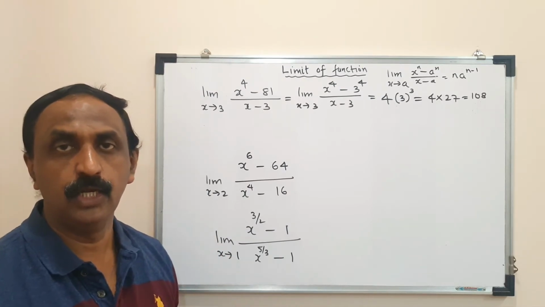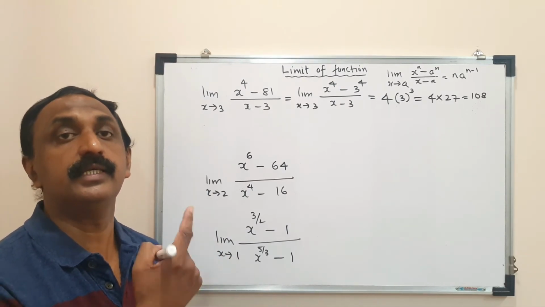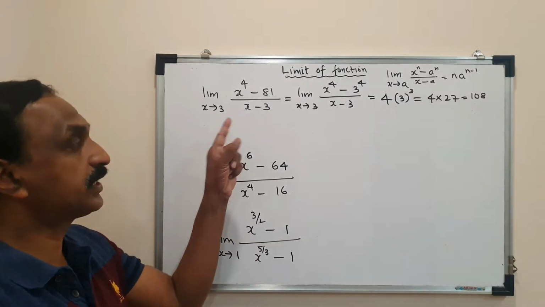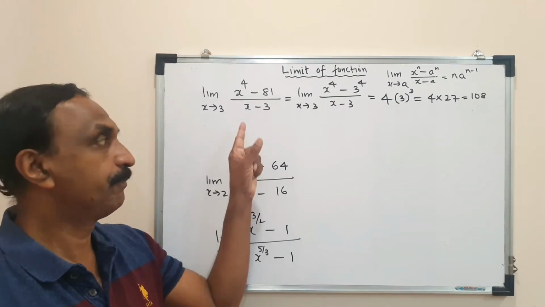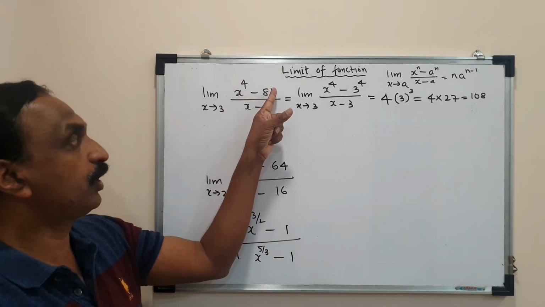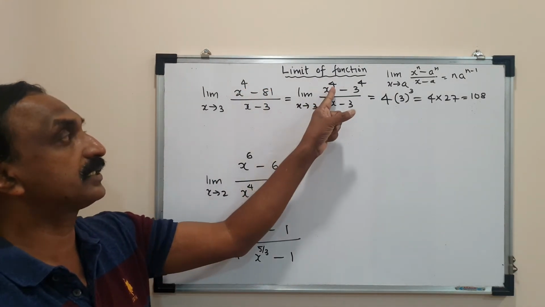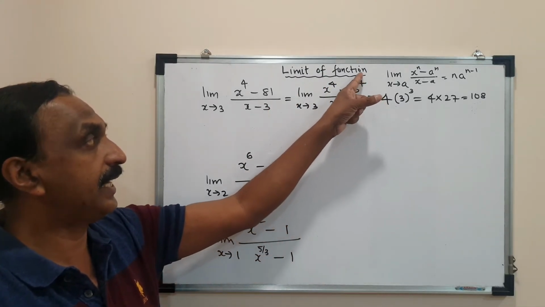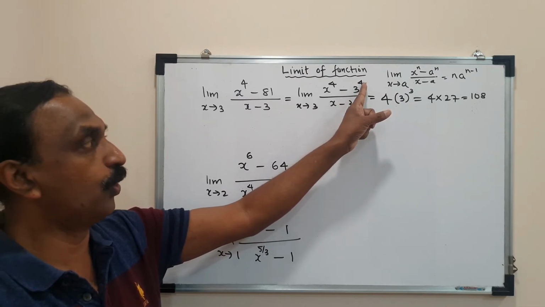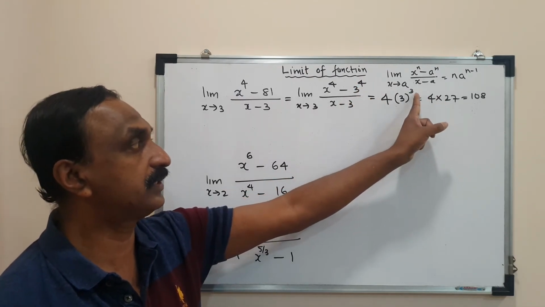Directly you can apply. The only thing that you need to remember is whether the function is in the same format. What is the format? If x is tending to 3, the denominator should be x minus 3. Power of x and power of 3 in the numerator should be the same. Then directly look at this and write your answer, 4 into 3 to the power 3.